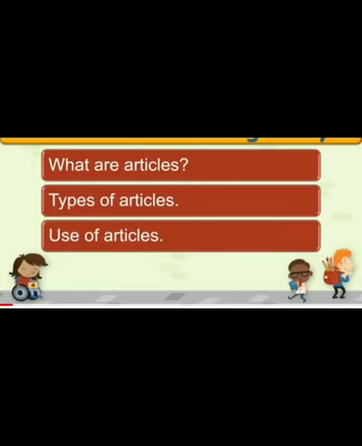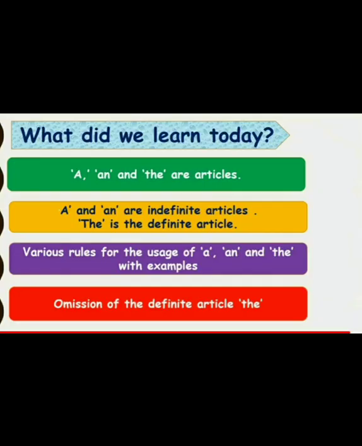So, children, hope you understood about the articles and their uses. Let's recap once more. A, an and the are the three articles which are commonly used in the English language. There are two types of articles: indefinite articles and definite articles.